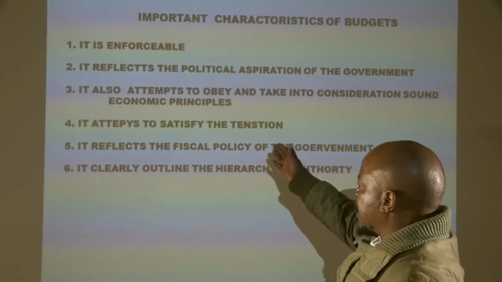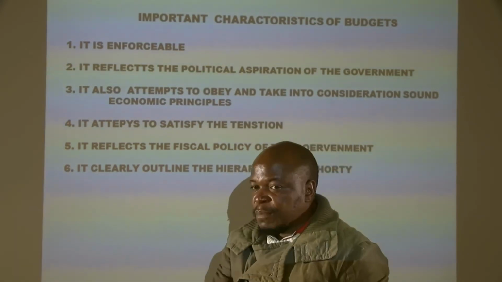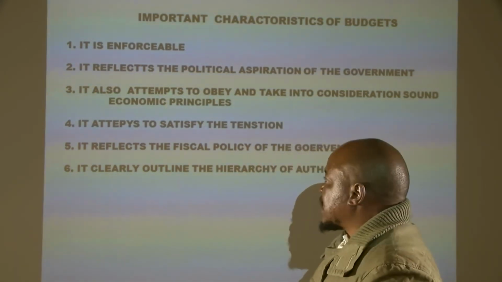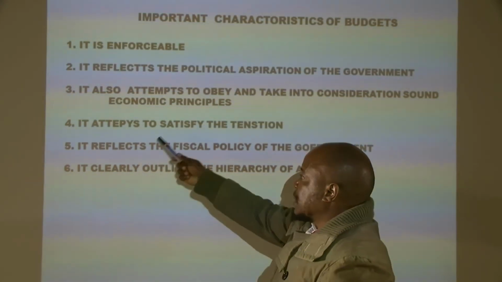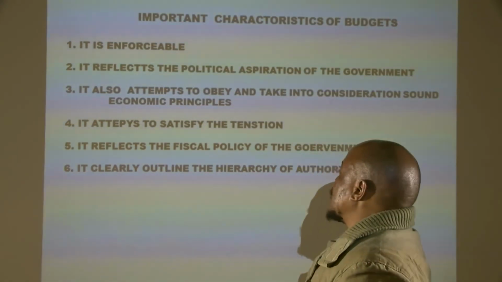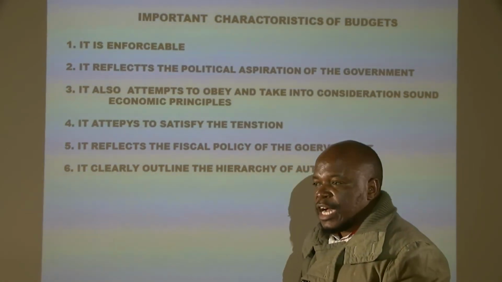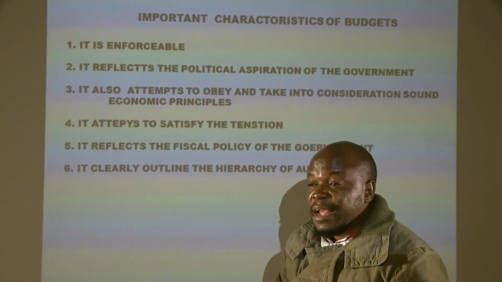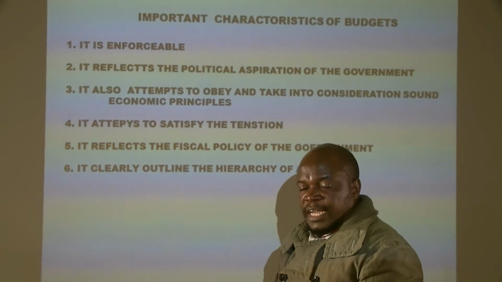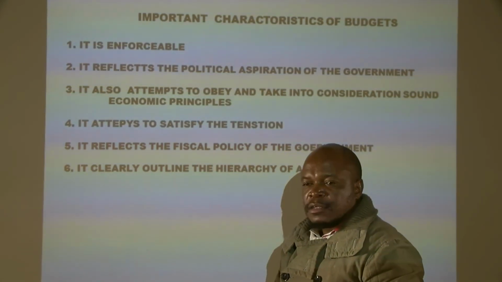Then it also attempts to satisfy the tension which I've mentioned before. That is number 4, which is attempt to satisfy the tension which I've spoken about, that there's a tension between the political aspiration and economic norms, right?